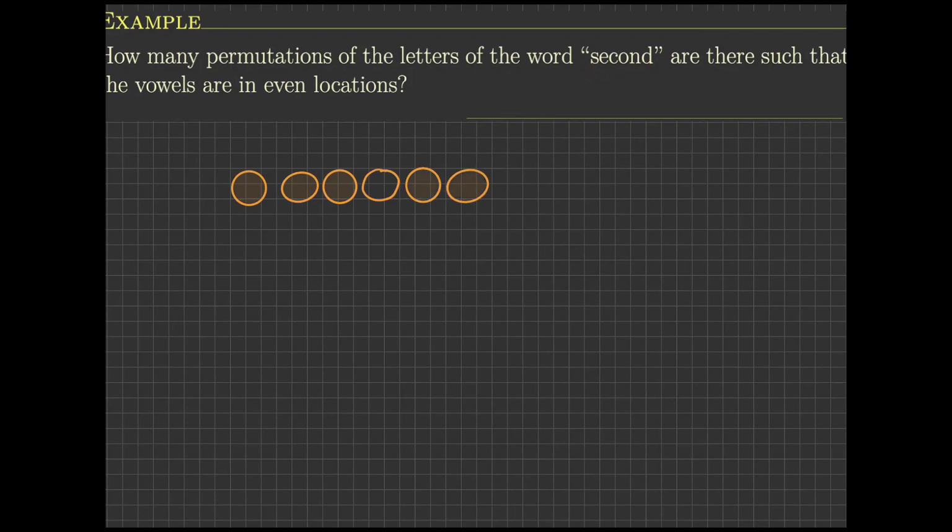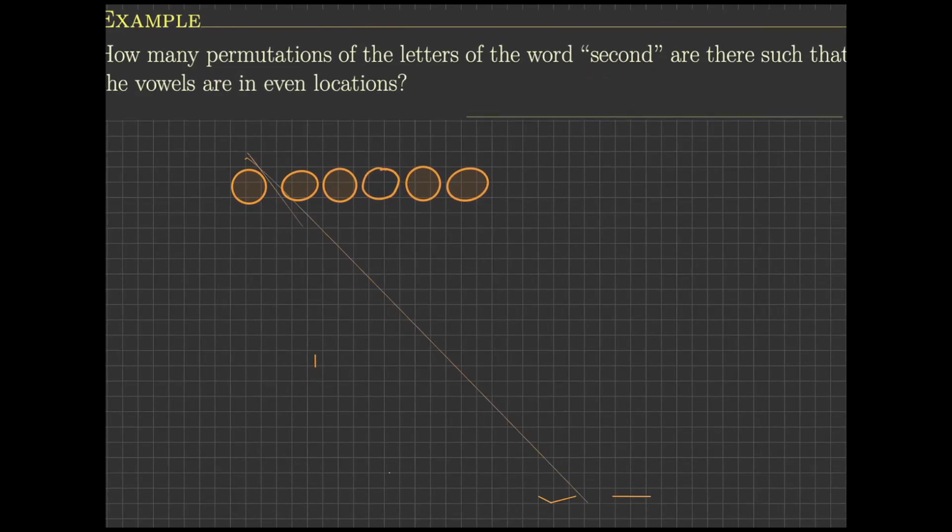Okay, location number 1, 2, 3, 4, 5, and 6. Yes? So the even locations are number 2, number 4, and number 6.